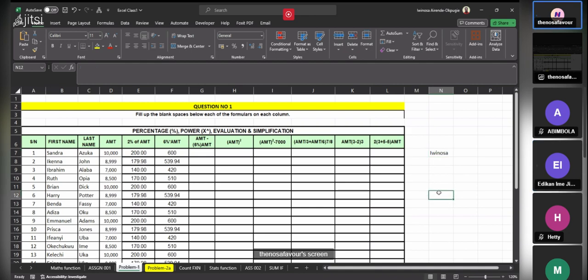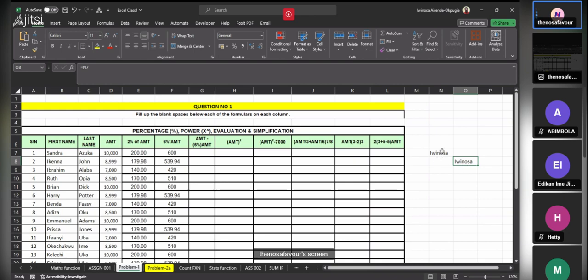So I'm coming to another cell now, and I will type equals N7, and I will say enter. Do you notice what happened? Because I said equals N7, I'm telling Excel whatever is the content in N7, please put it here.